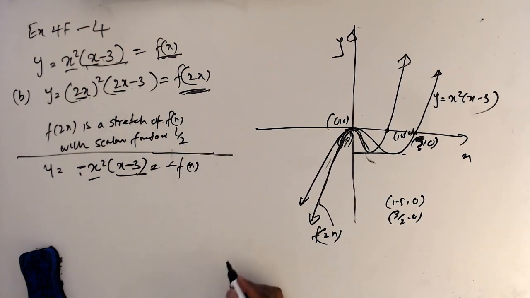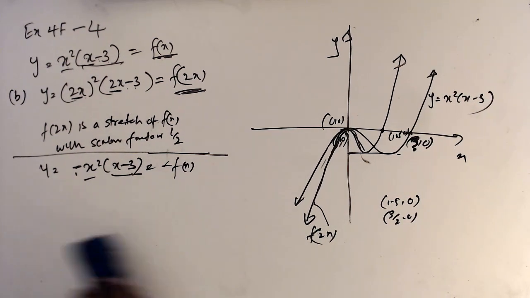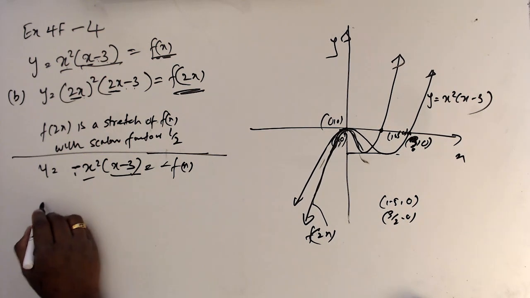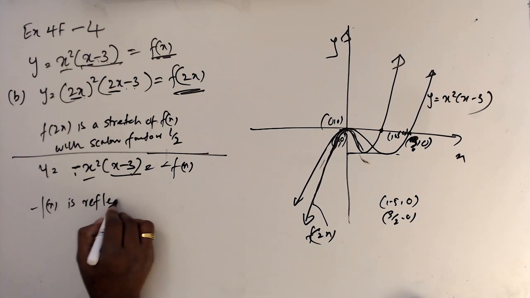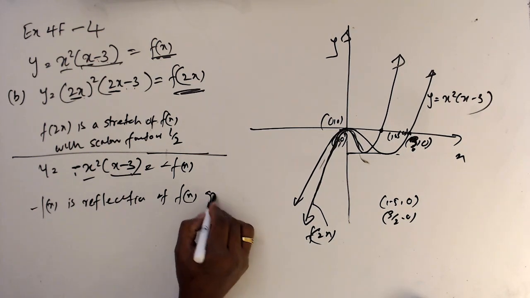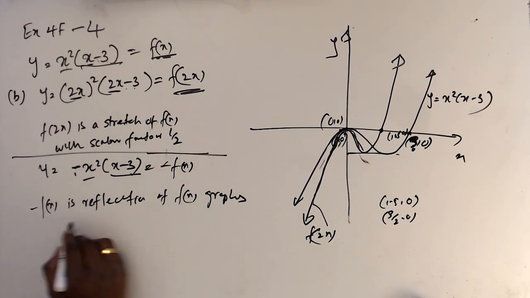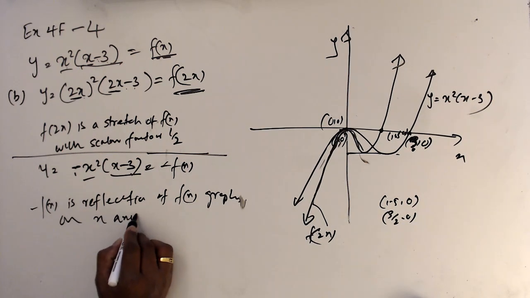It means this is going to be a reflection of the f(x) graph on the x-axis. So minus f(x) is a reflection of the f(x) graph on the x-axis.